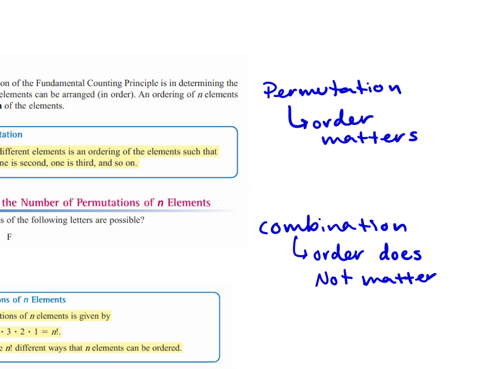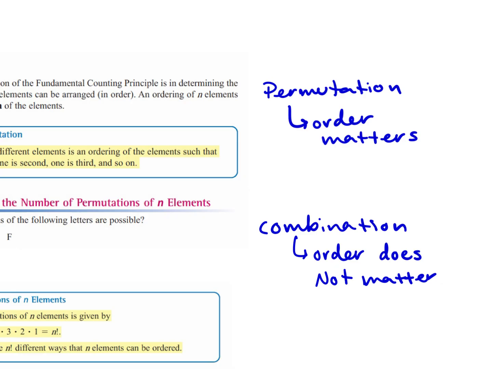So an example of a permutation would be like, how many different ways can you win a race for first, second, and third? Or how many different ways can you finish a race? So like the order that you end in the race matters. If it was like, how many different ways can these people be selected in a play? The order matters. You can't be both first and second in the play. So the order would matter of which position you are.